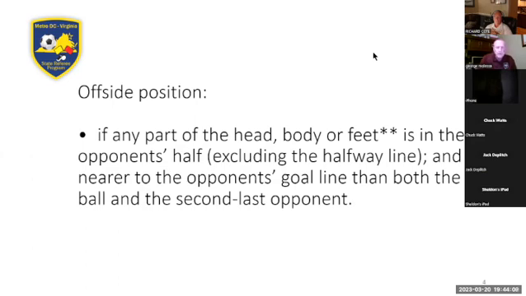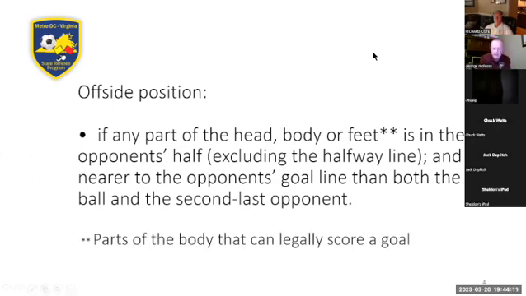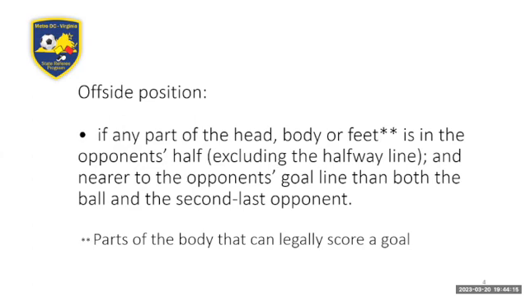It's an offside position if any part of the head, body, or feet is in the opponent's half of the field, near to the opponent's goal line. And the reason why you can see the double asterisk, those are the parts of the body that can legally score a goal. So if a player's hand or arm is in an offside position, that is not considered to be offside.